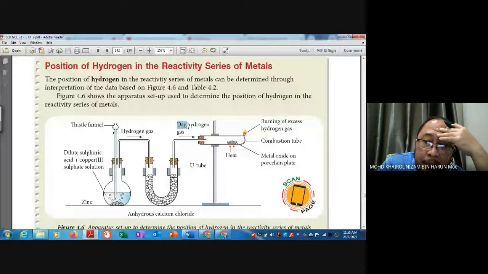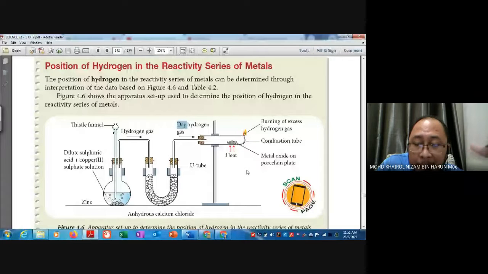So now when this dry hydrogen gas enters the combustion tube, hydrogen gas will react with the metal oxide that is being heated in a porcelain plate. When the reaction occurs, hydrogen reacts with the metal oxide. We can observe from this that if the reaction occurs, hydrogen is more reactive than the metal itself.